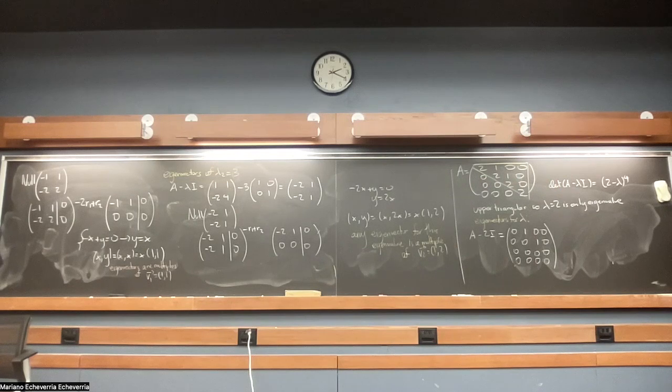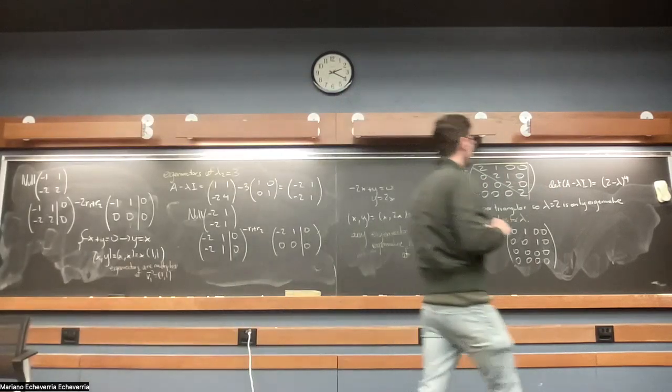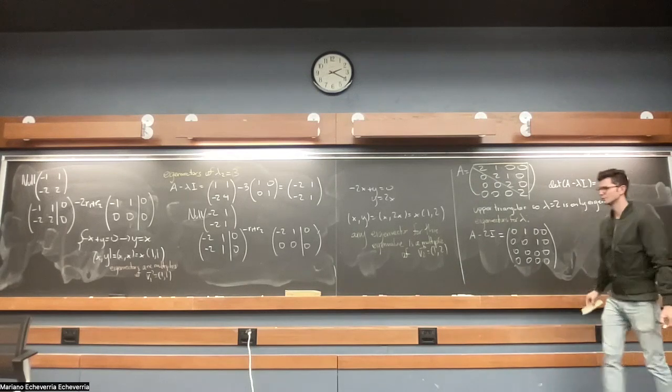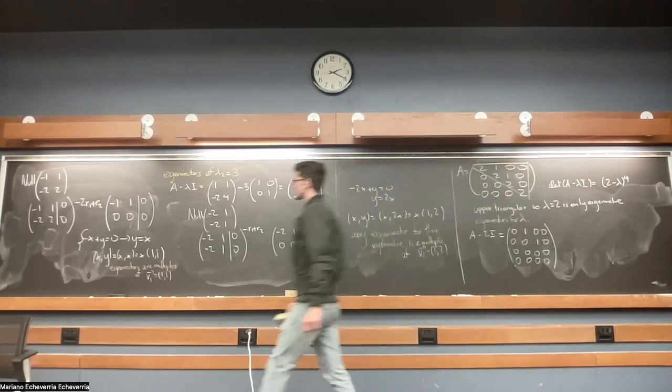Is that okay? Is that making sense? So what's the null space? Let me write it this time because we'll need some more space for this.